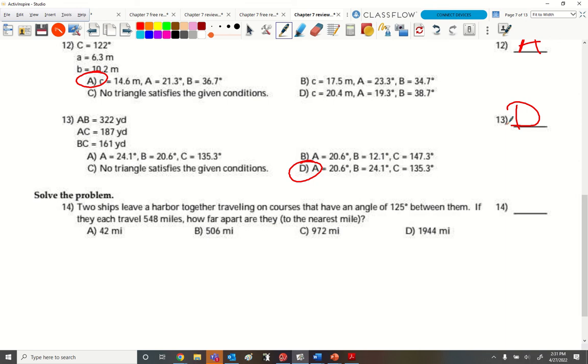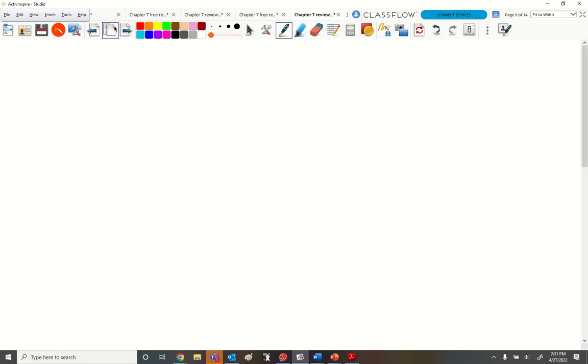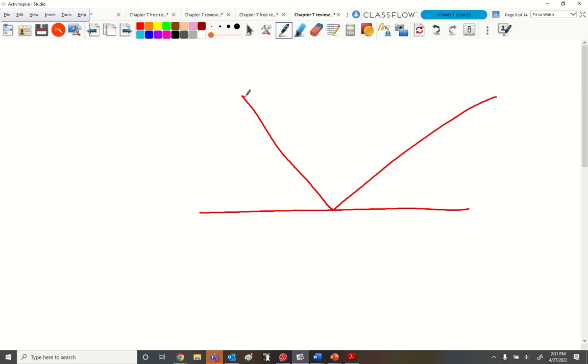So 14. This one, I'm going to go and draw it. So this one is slightly different, and it says 2 ships.